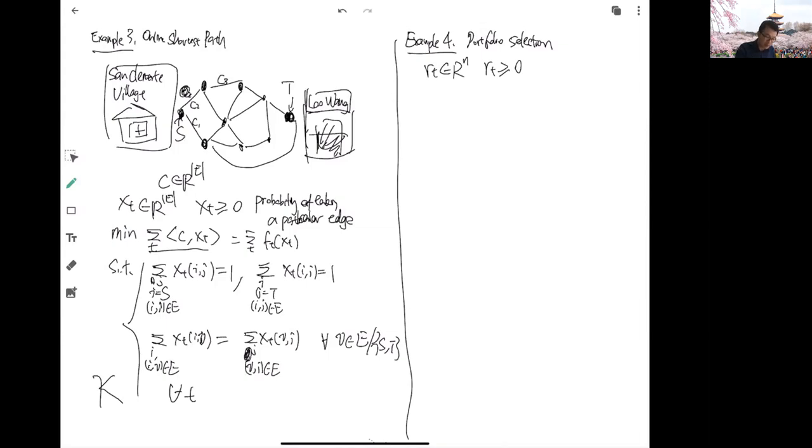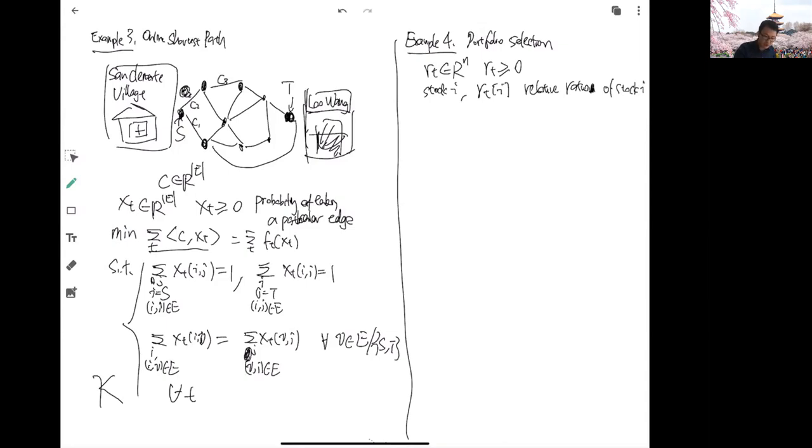So what is R_t? Let me give you an example. For stock i, the corresponding relative ratio of stock i is measured by R_t.